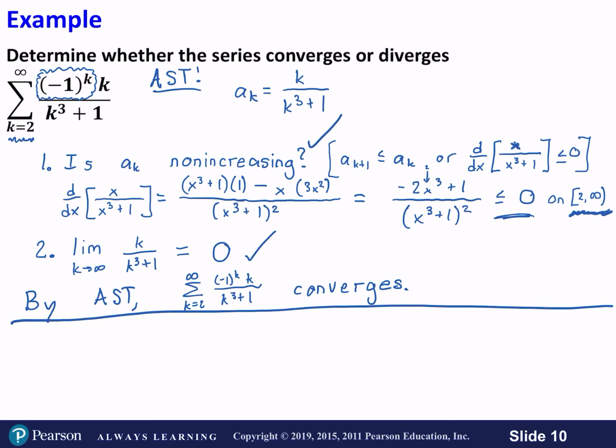They might also ask us to figure out if this thing converges absolutely. So remember the thing that we do to test absolute convergence is we just take the absolute value inside our sum. In this case, that's going to be the sum from k equals 2 to infinity of k over k cubed plus 1. I got rid of the absolute value because after we get rid of that negative 1 to the k, everything else is positive.